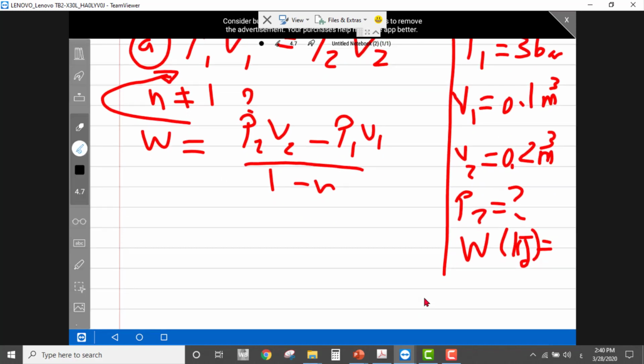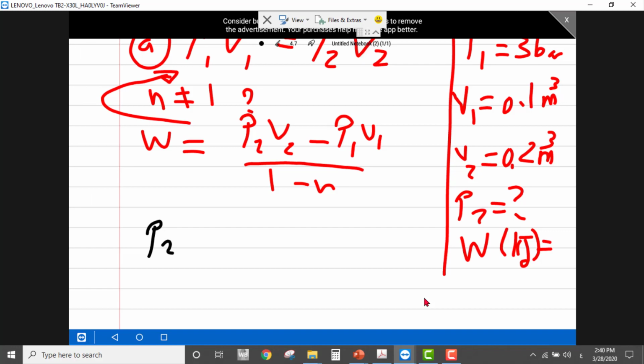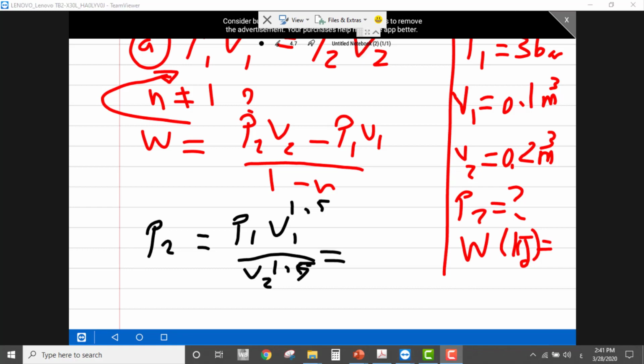P2 equal to P1 V1 to the power 1.5 divided by V2 to the power 1.5. If you substitute the values, you will find out that P2 is 1.0606 bar.